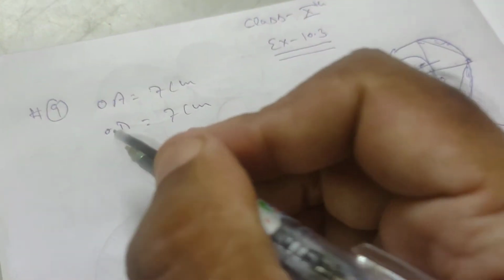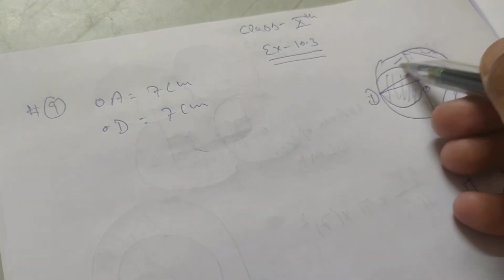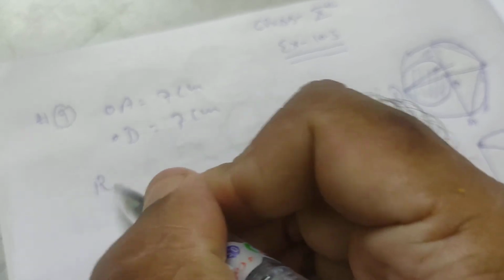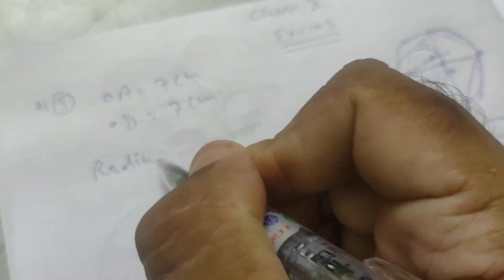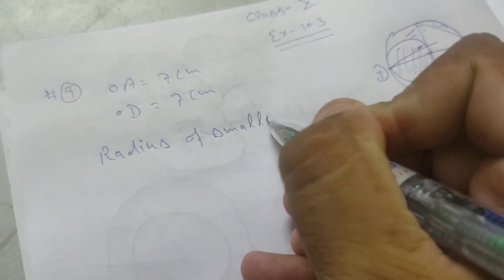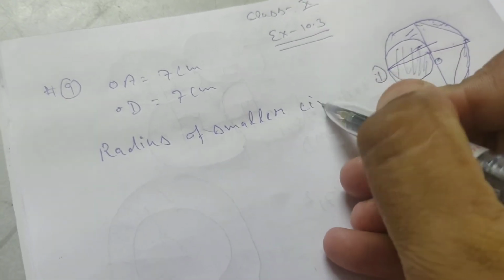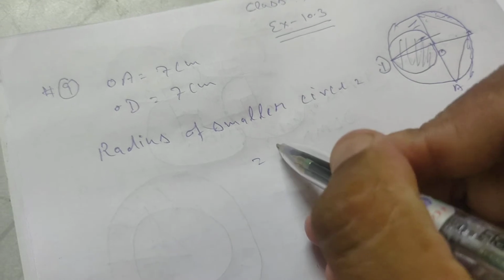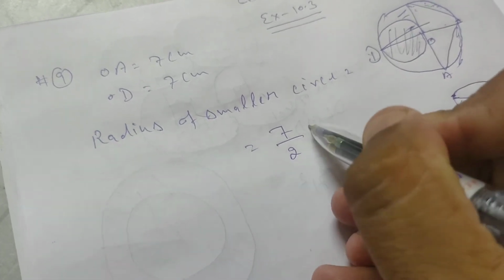So the radius of the smaller circle, you know very well, is 7 by 2 centimeter.